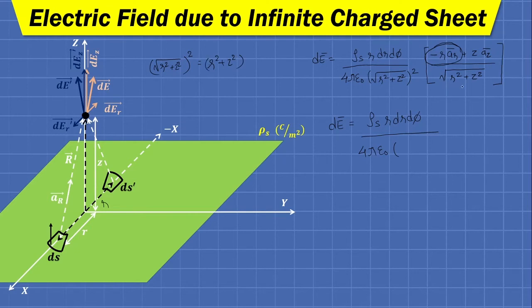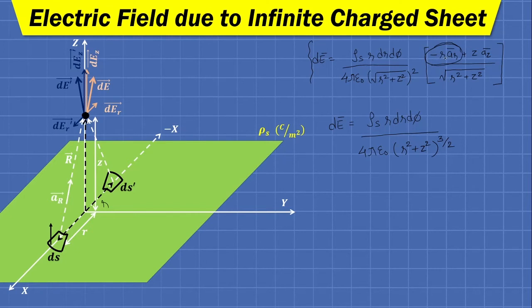If it is multiplied by under root r square plus z square, which is nothing but r square plus z square raised to 1/2, then this multiplication will turn out to be r square plus z square raised to 3/2. Okay, so this is nothing but the calculation of power. So putting this value in the denominator by multiplying both things, we here have r square plus z square raised to 3/2.